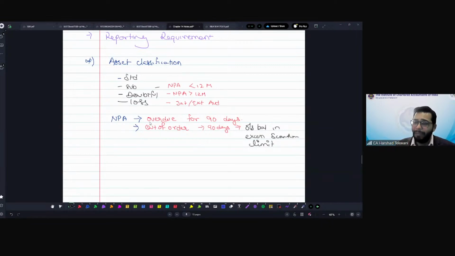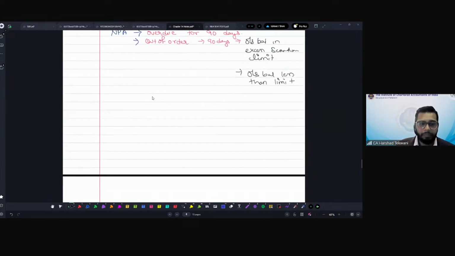Plus, if the outstanding balance is less than the limit, but there are no credits in the account for 90 days, or not enough credit to cover the interest debited for 90 days, in that case I will say this is out of order.